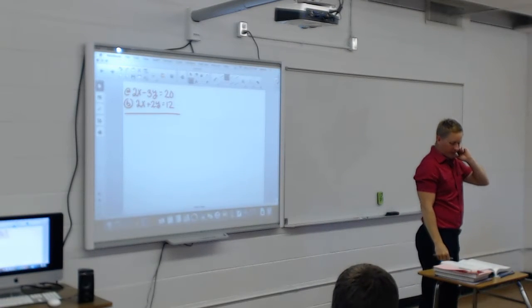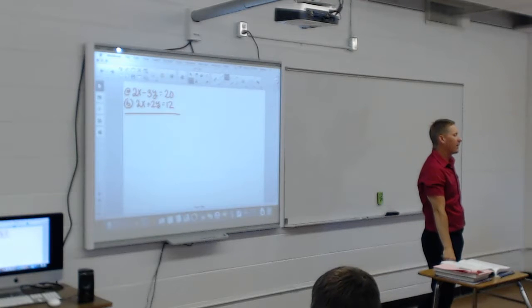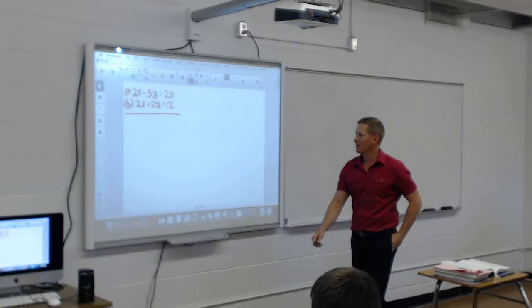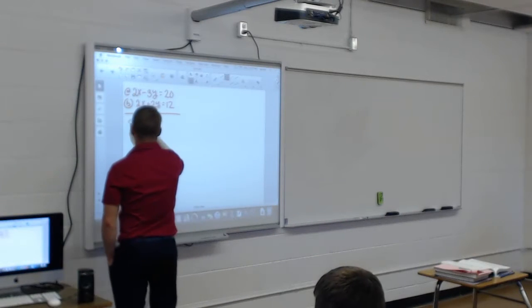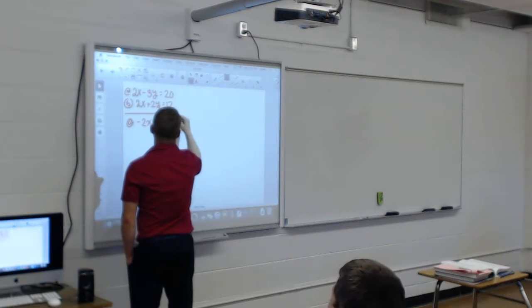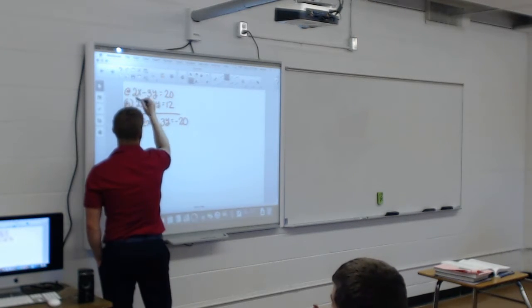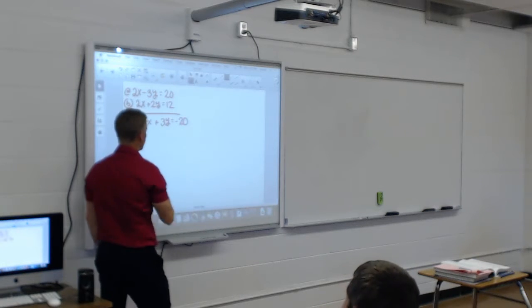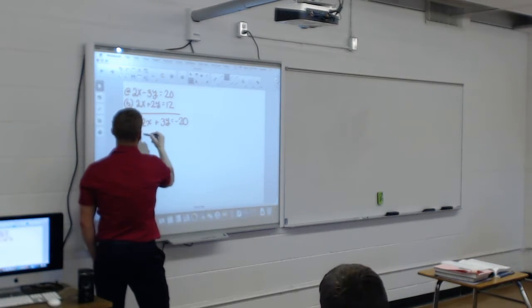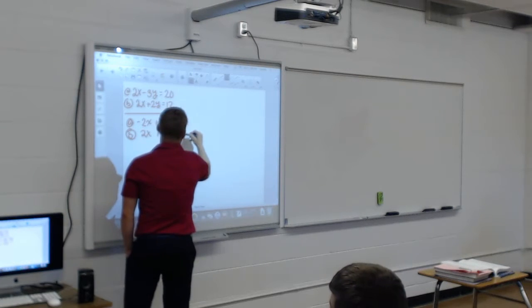Well, I have two coefficients that are the same. I have a 2x and a 2x. So I'm going to multiply one of them by a negative 1. So I'm going to make a negative 2x plus 3y equals negative 20. So we times that by negative 1, that by negative 1, and that by negative 1. Then down here, 2x plus 2y is equal to 12.